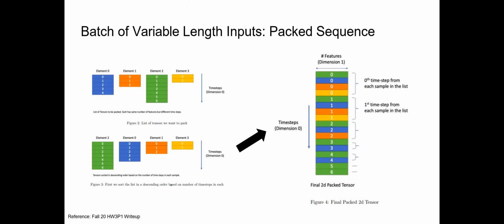But the difference between only padding and pack padded sequence is that if you feed a packed sequence, PyTorch knows that it is a packed sequence. Even if we are giving the input of a padded sequence to the pack padded sequence function, it ignores all the zeros and processes without them.